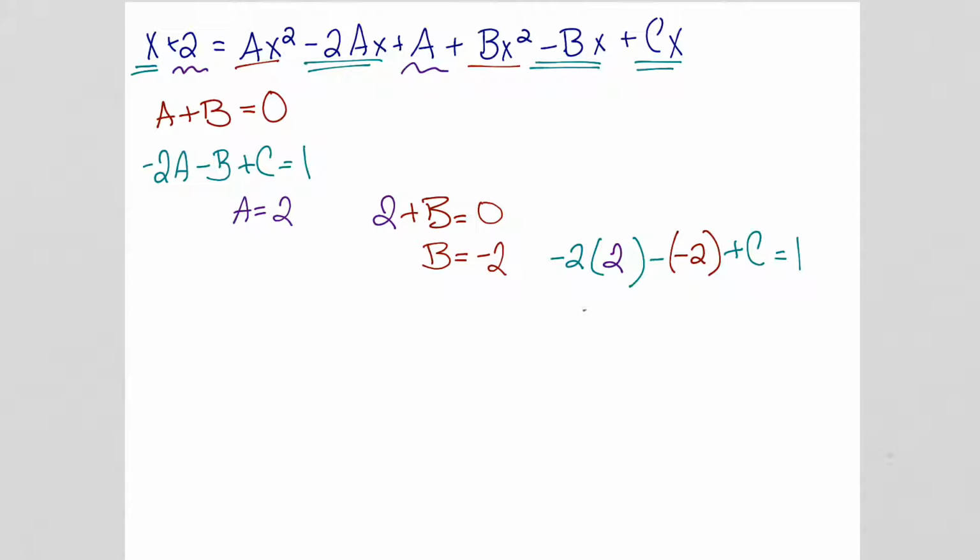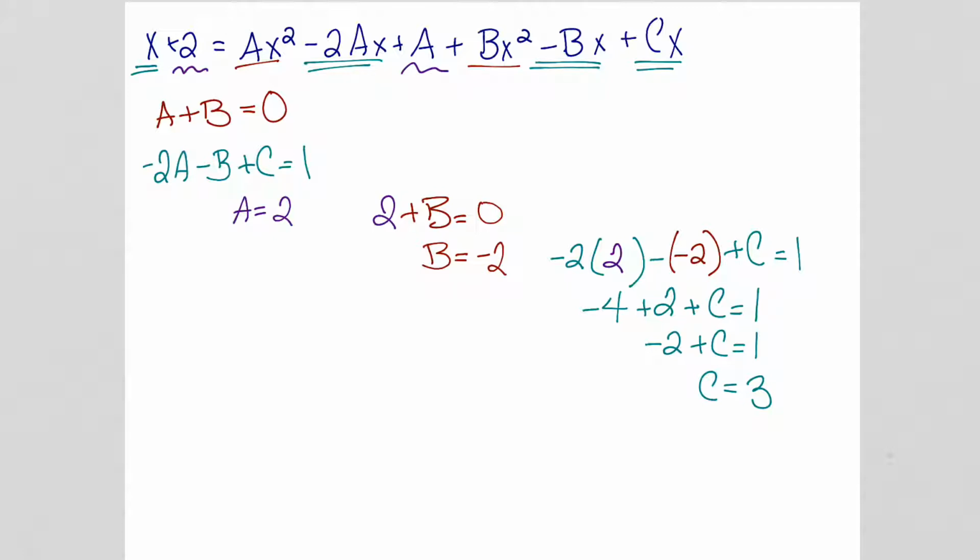And we solve. So we've got a negative 4 plus 2 plus 2, plus c equals 1. That gives us negative 2 plus c equals 1. So c is 3.